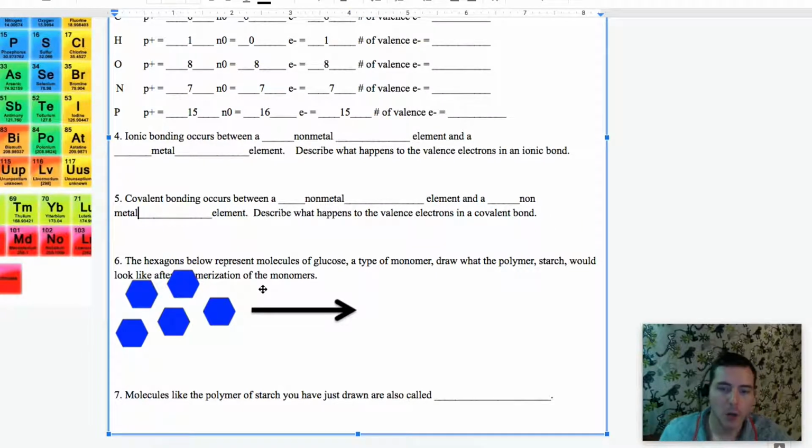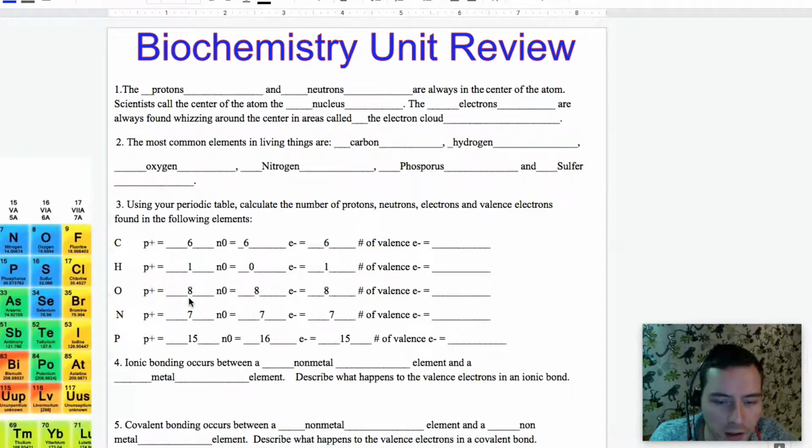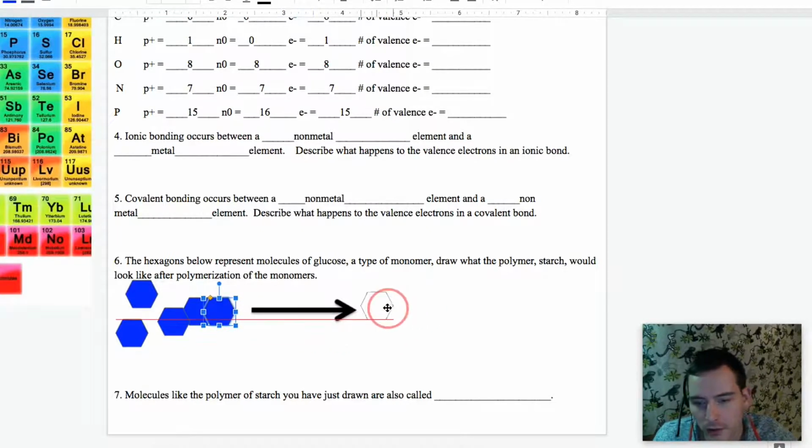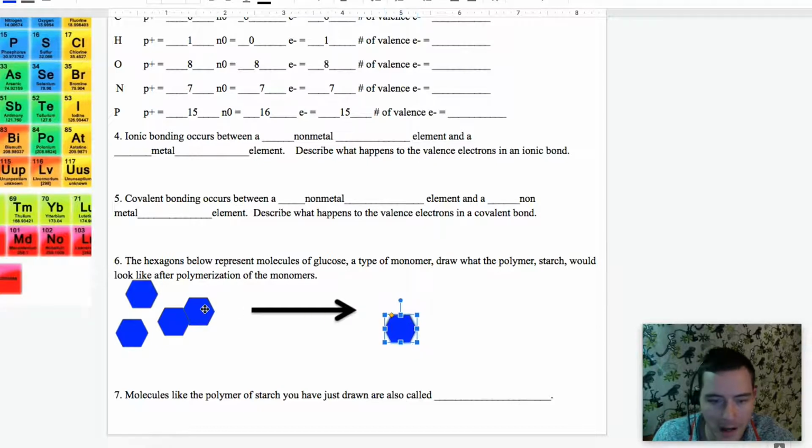Hexagons below represent molecules of glucose, a type of monomer. Draw what the polymer starch would look like after polymerization of the monomers. So this is from the cracker demo. I have those monomers, those monosaccharides. I need to bond them.